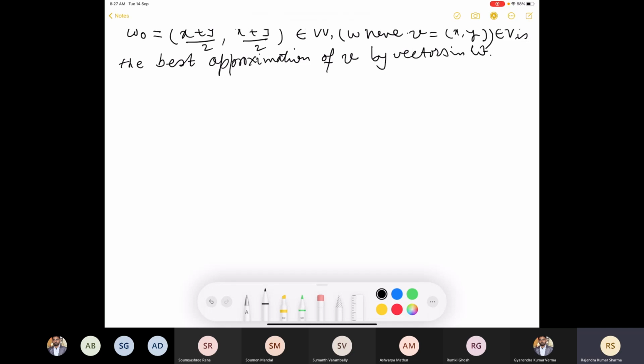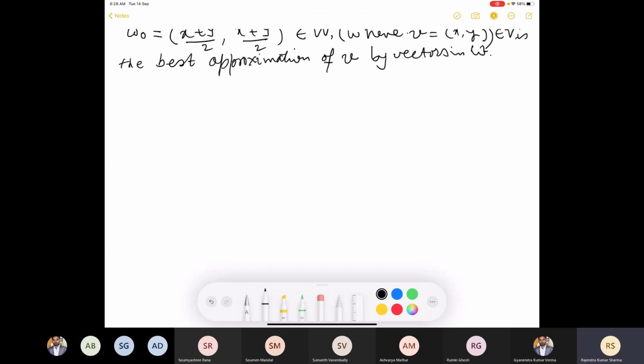And if you have, say, v as something else, say (1, 2), (1, 2) will not lie on the line y is equal to x, so it will be outside w.